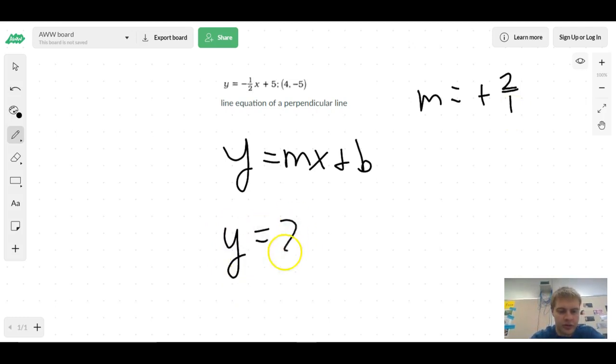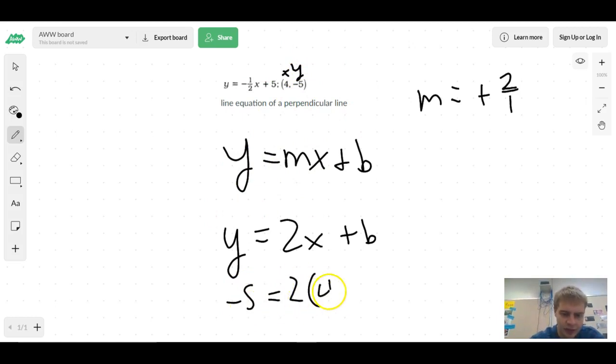So y equals 2x plus b. Now they also gave us a point. Sometimes, because it's perpendicular and they cross like this, they technically could cross at the same y-intercept. It's just really unlikely, so that's generally not the answer. We're going to use our x value right here and our y value right there to check which one's the correct one. So I'm going to plug in -5 for y and 4 for x.